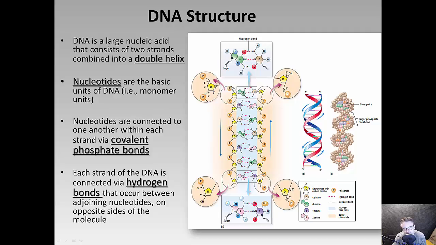So base, sugar, phosphate, and each one of these has those 3 parts to it here. And what we see is that this phosphate group actually forms the bond, so we call it a covalent phosphate bond. Each nucleotide connects to the next via a phosphate bond that occurs between them.